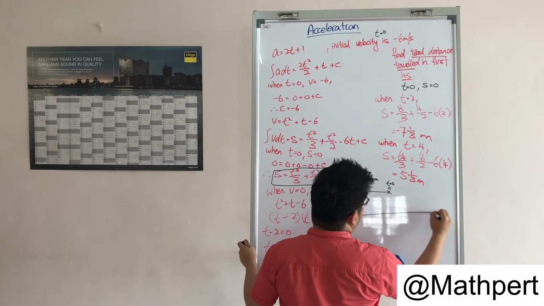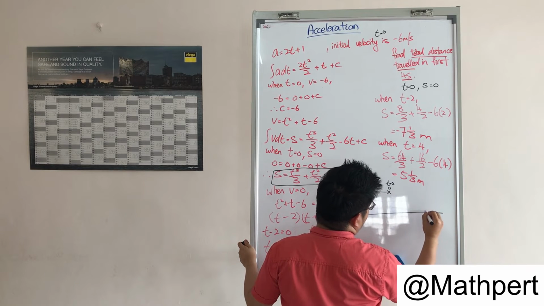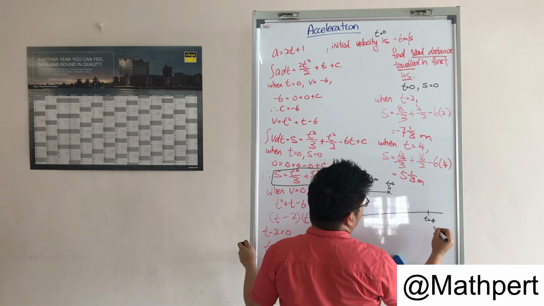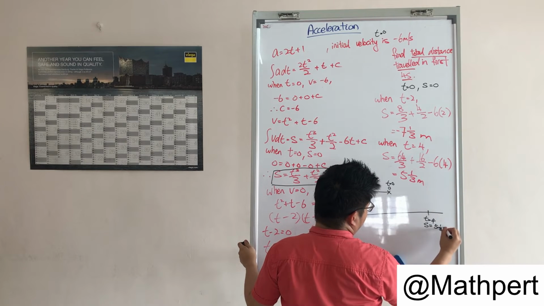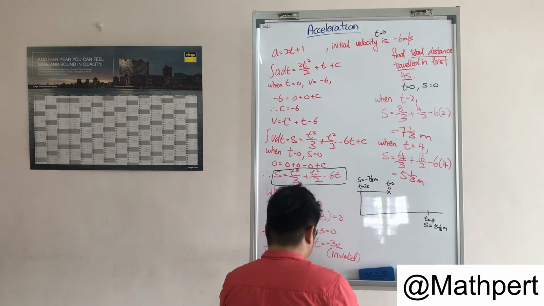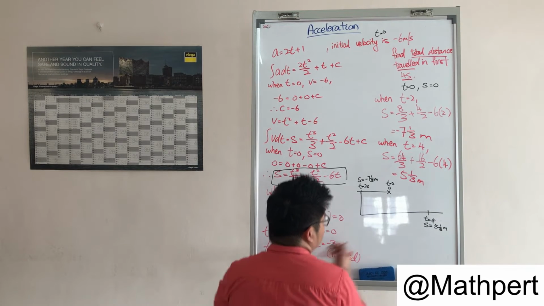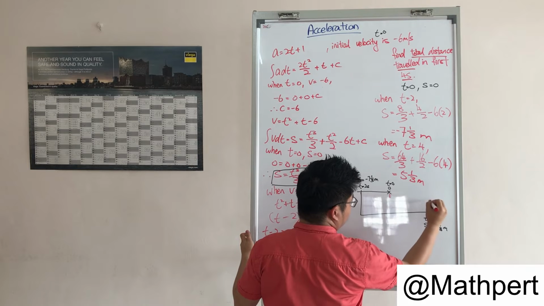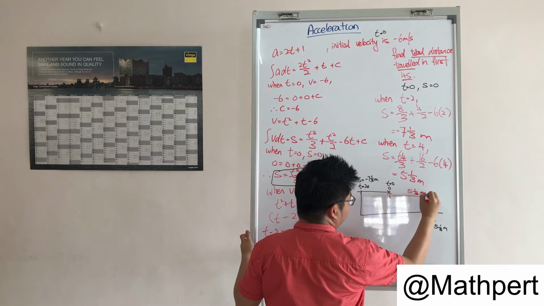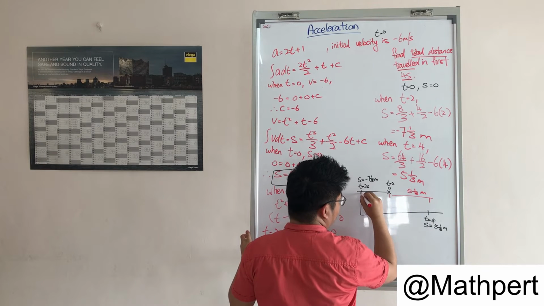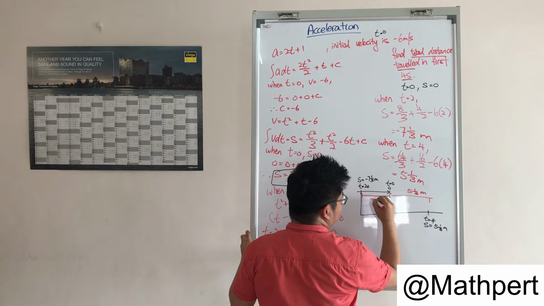And then you change directions, t equals 4, and s is 5 and 1 over 3 meter. Alright? Meaning, here to here is 5 and 1 over 3 meter. Here to here is 7 and 1 over 3 meter.